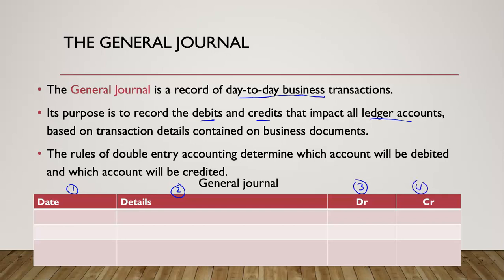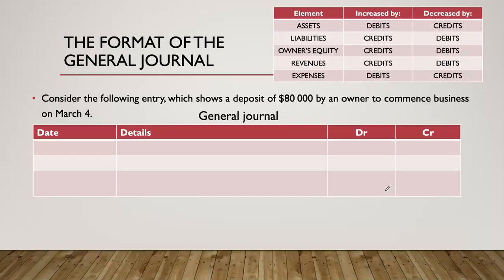And we know there always must be a debit and a credit because we know for every transaction, our debits equal our credits. So let's think about how we would use this to record a particular transaction. And this particular transaction is a really simple one. There has been a deposit of $80,000 by the business owner to commence the business.